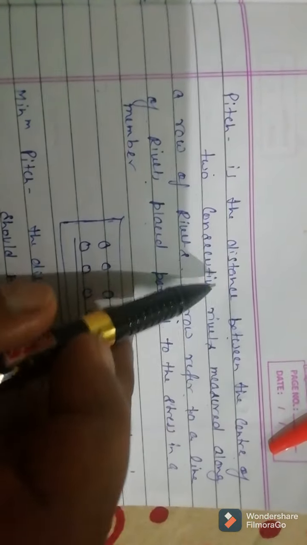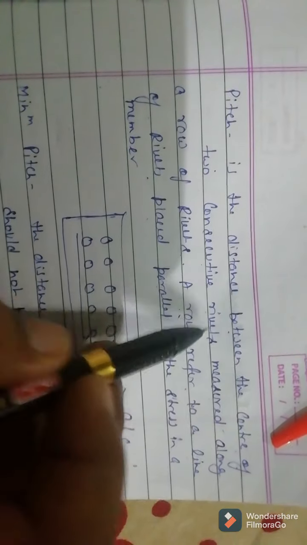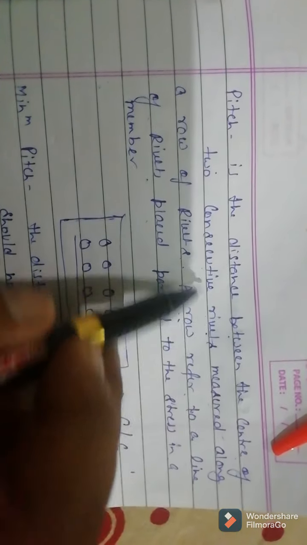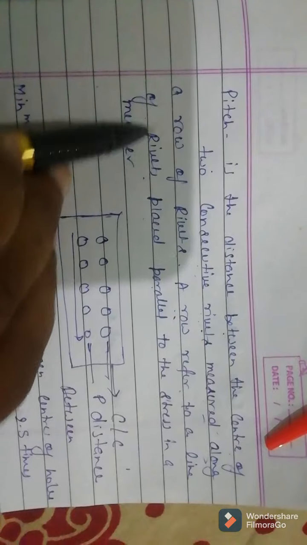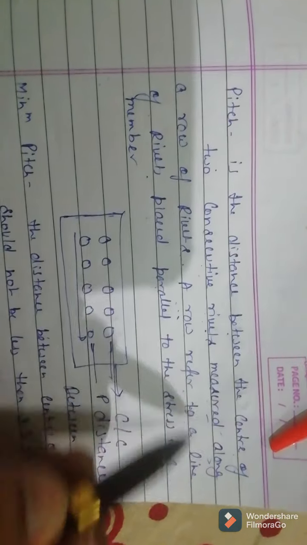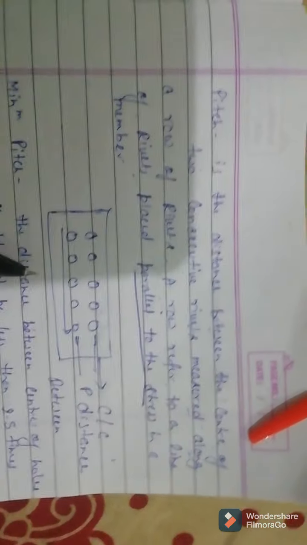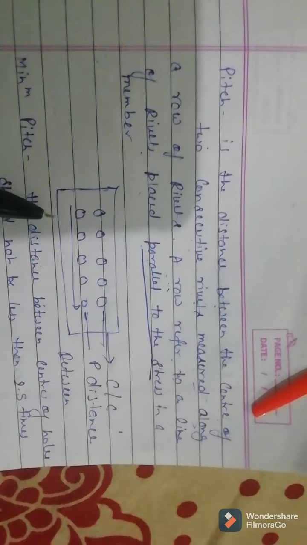Now when you talk about the pitch, that is the distance between the centers of two consecutive rivets measured along a row of rivets. A row refers to the line of rivets placed parallel to the stress. Row line means parallel to stress.